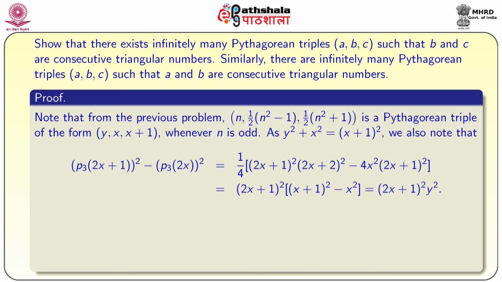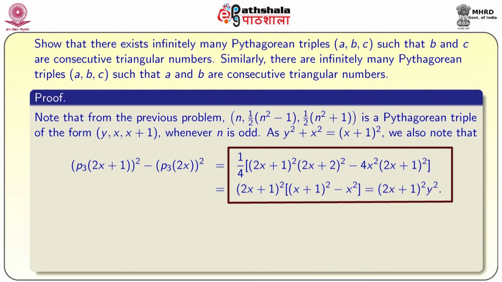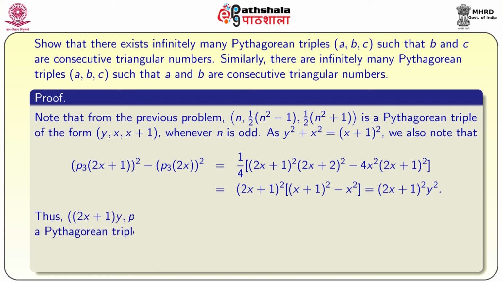So P3(2x+1) is equal to ½(2x+1)(2x+2). If we square it, we get ¼(2x+1)²(2x+2)², minus P3(2x)², that is 4x²(2x+1)². So this turns out to be (2x+1)² y².